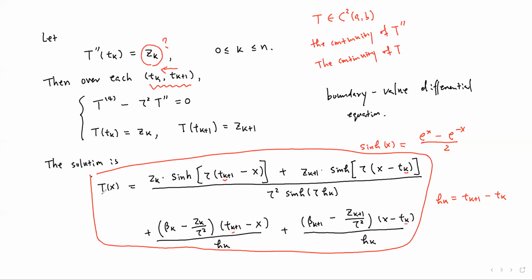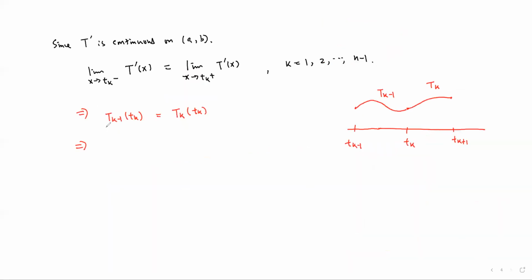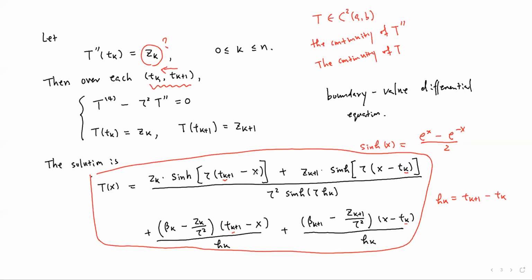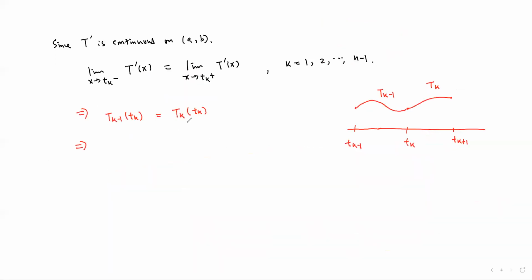Then plug in the knot tk in x, we get the left side. And then plug in tk in the x here, we get the right side. Now simplify this equation and rearrange the terms.